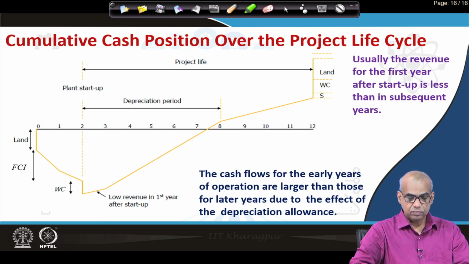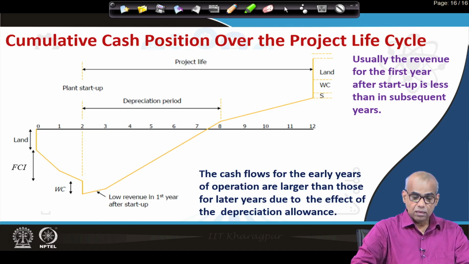Now, this is a slight variation of the cumulative cash flow diagram that you have seen in the earlier slides. What are the differences?